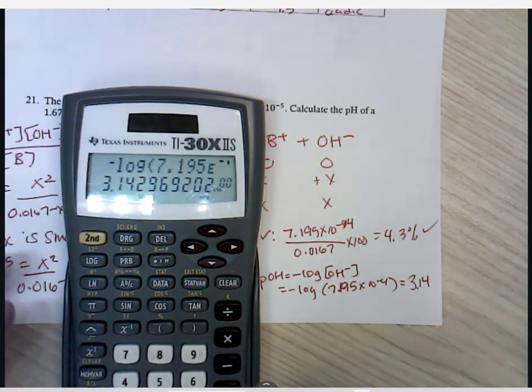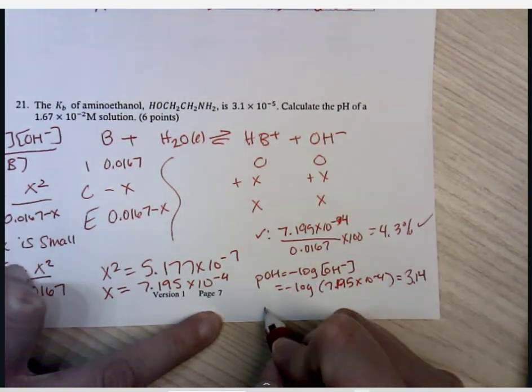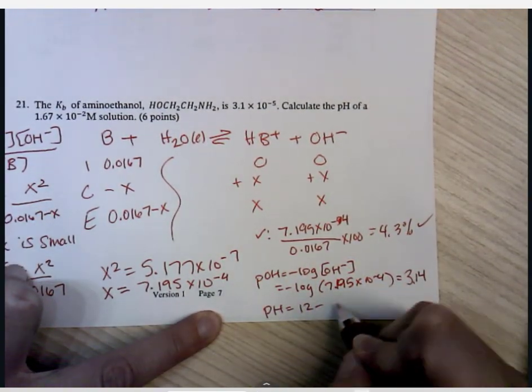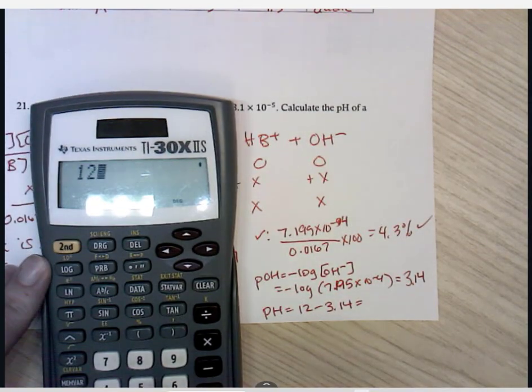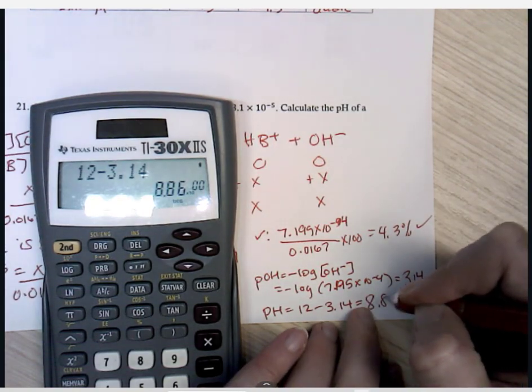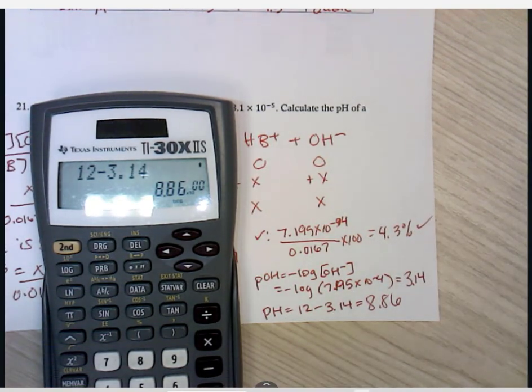And then I can find the pH by doing 12 minus that. 8.86.